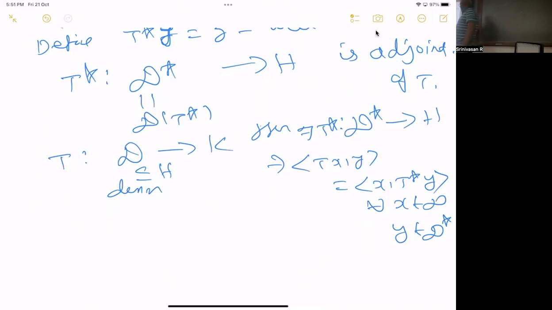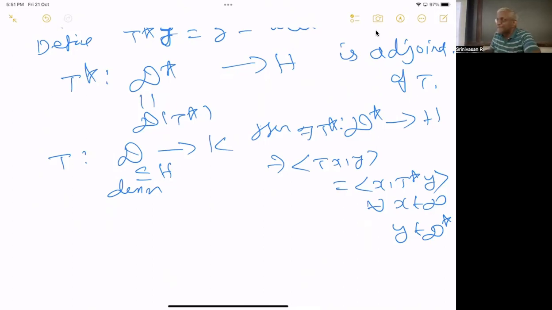So T star of alpha Y equals alpha times T star Y, because alpha times T star Y will satisfy this equation with alpha here. If you have an alpha here, you can take the alpha out, write the whole thing, and you will get the alpha. By the uniqueness of the Z, this T star is a linear operator.